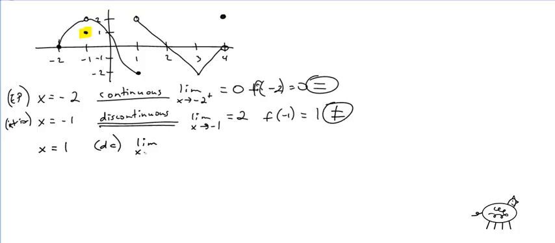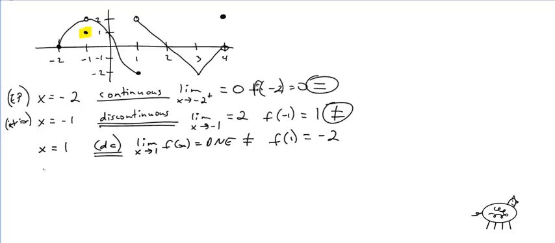The limit as x approaches 1 of f of x does not exist, because one one-sided limit is -2 and the other is +2. Since these are not even equal, this is discontinuous. And if I ask you what f of 1 is, you would tell me -2.